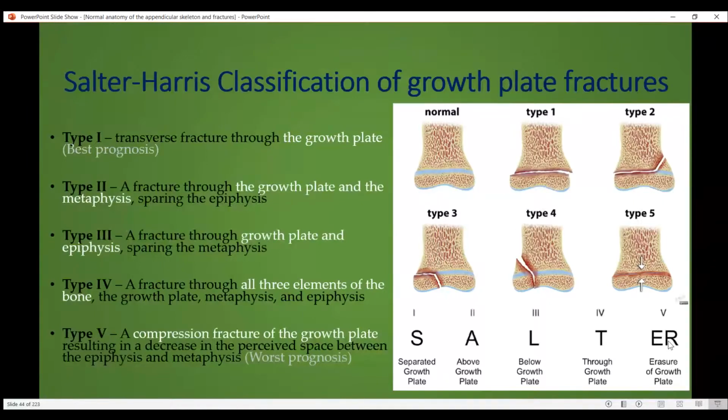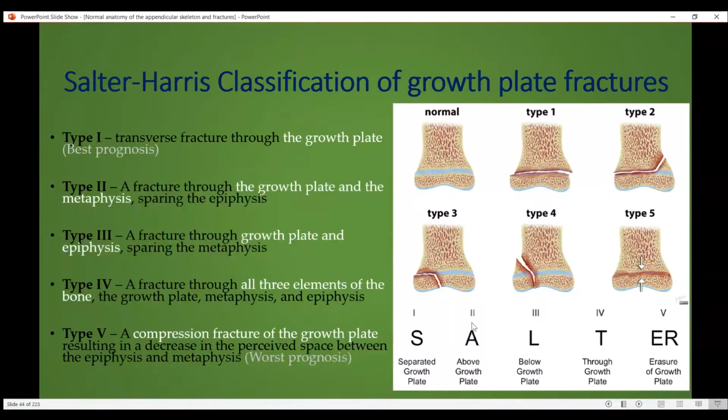So in Salter type 1, there will be a separation of the growth plate. In Salter A type 2, there will be separation of the growth plate above the growth plate. So above the growth plate, proximal to the growth plate, what is there? Metaphysis is there. So what is not involved? Epiphysis is not involved.